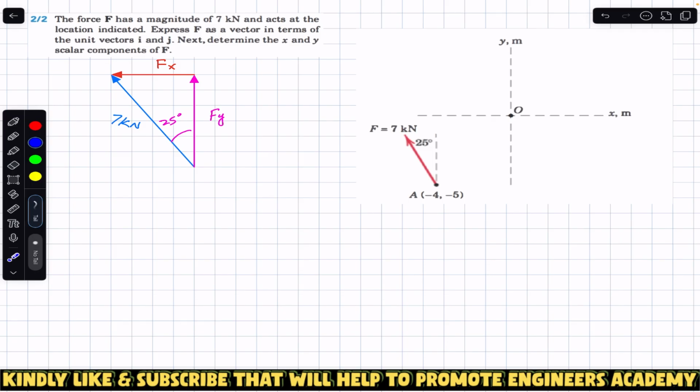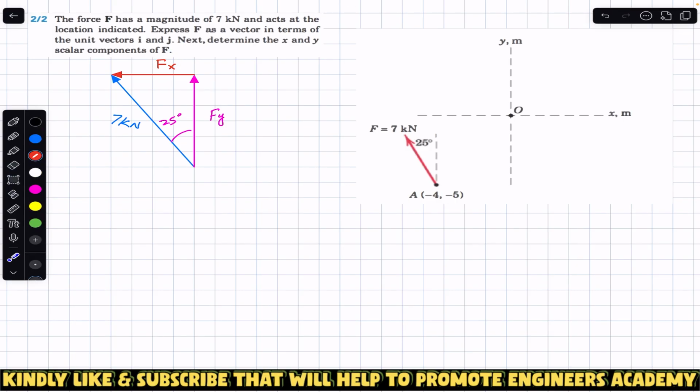Now, as I have told you in the previous videos, if the angle is made with a line which is parallel to the y-axis, then the F_y component is the cos component. Or we can say that if the angle is made with F_y, then F_y will be the cos component. So we can directly say that F_y is 7 kilonewton cos of 25 degrees, because F_y is adjacent to the angle, and F_x is opposite to the angle, so F_x is the sine component.